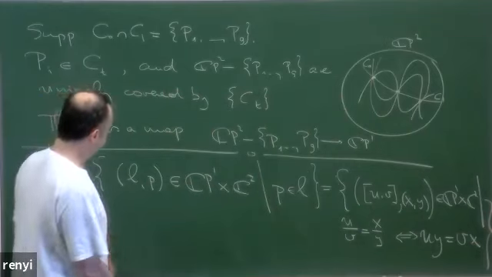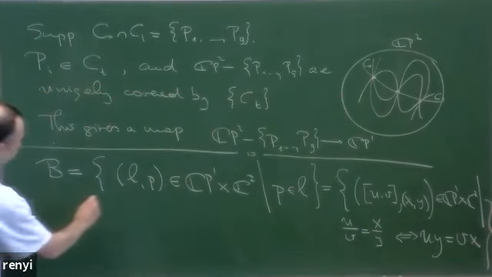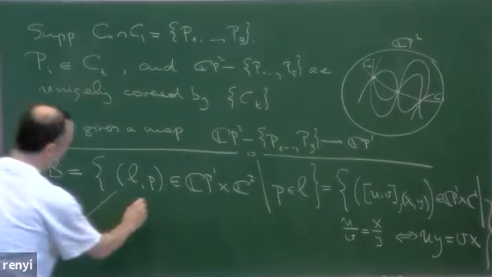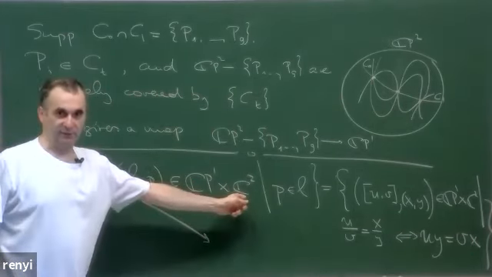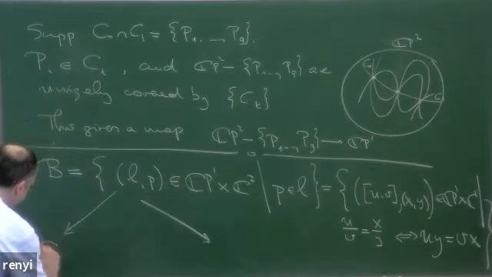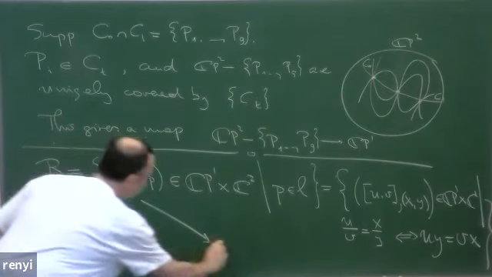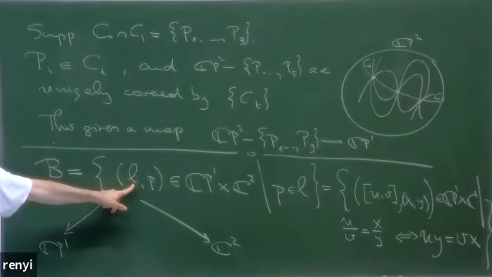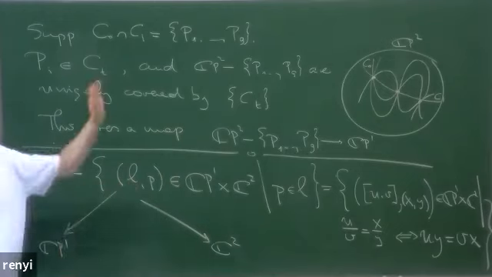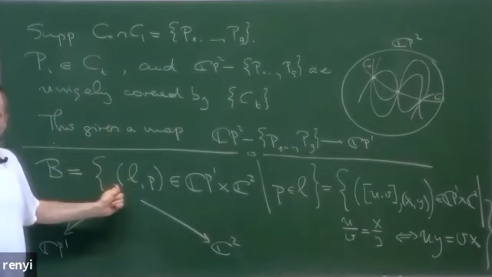Okay, so why is it relevant? Notice that this guy has 2 projections. As it is a subspace of a product, we can project down to CP1, and we can project down to C2. If you project down to CP1, taking the first coordinate, then the fiber will be all the points in that particular line.